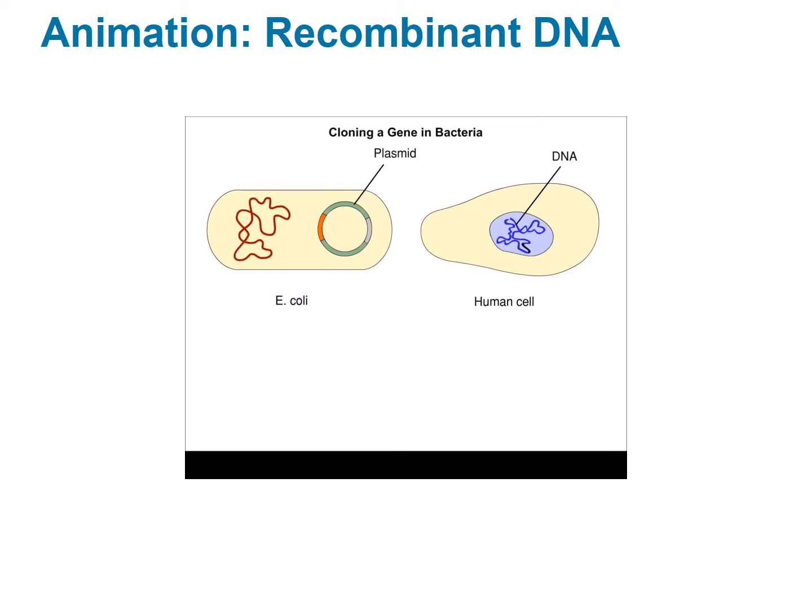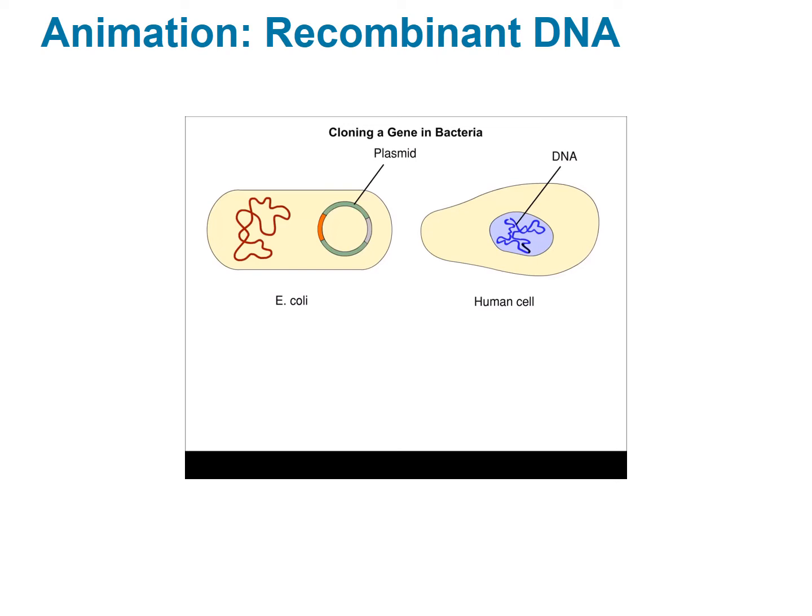We can use the techniques of DNA technology to recombine and copy genes. A restriction enzyme is used to cut open a plasmid, a small circular DNA molecule obtained from a bacterium. The plasmid serves as a cloning vector. The restriction enzyme cuts only at a certain DNA base sequence, called the restriction site.